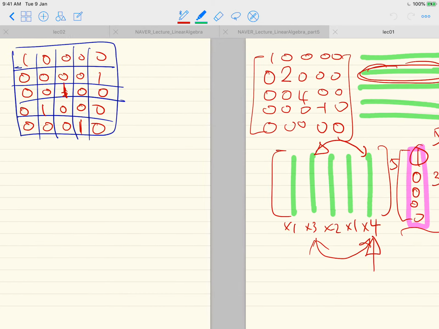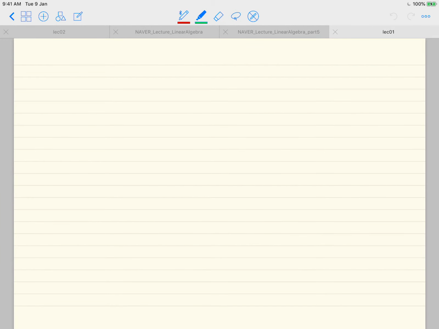Given the matrix X, the first row operation, let's call it W1, and the second row operation, W2, W3, and so on. So this whole sequence of row operations can be represented as a matrix multiplication on the left, and the further left, and the further left, and so on, right?